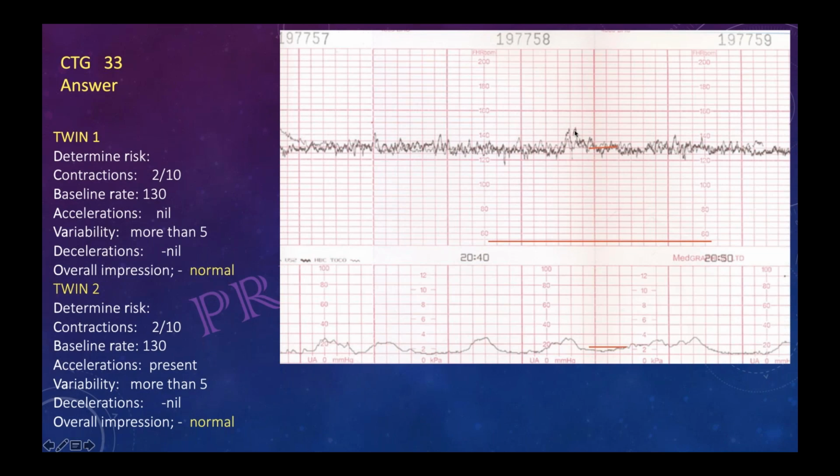It is more than 15 beats, but it has to be more than 15 seconds also. I'm not able to make out whether it is more than 15 seconds, but yes, if a better trace is there, it can be an acceleration. But overall the CTG is normal.